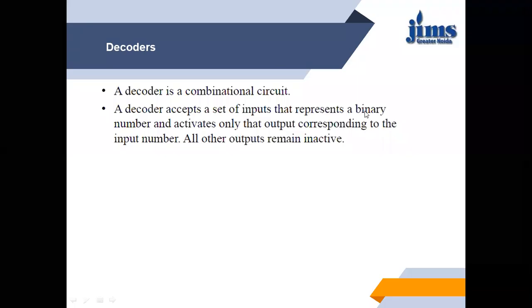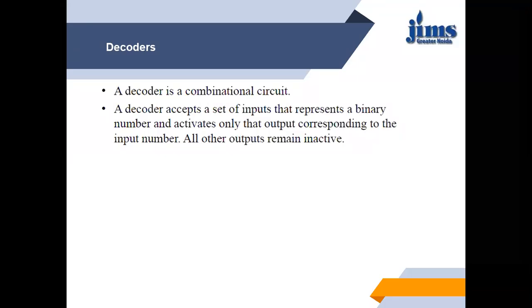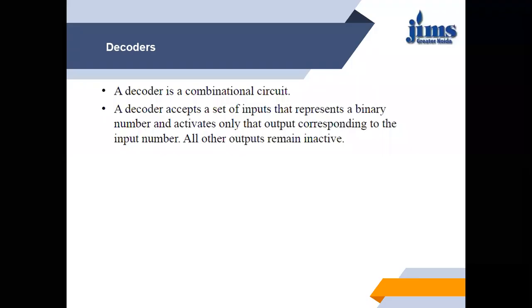It will depend upon which type of logic we are using. If we are using logic high, then 1 will be considered as active case and 0 will be considered as inactive case. If we are using the negative logic, then 0 will be considered as active case and 1 will be considered as inactive case.